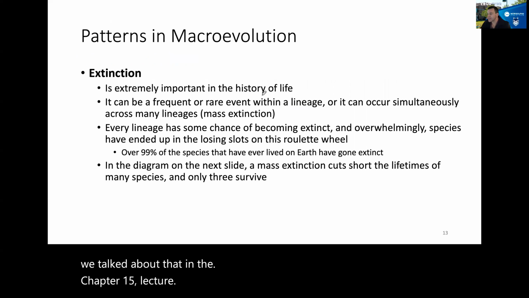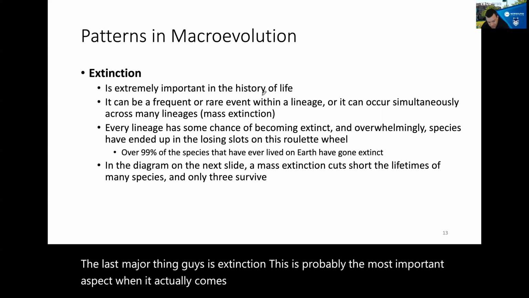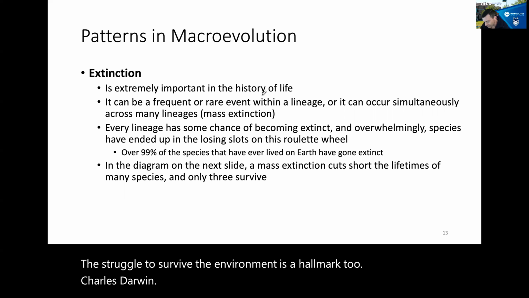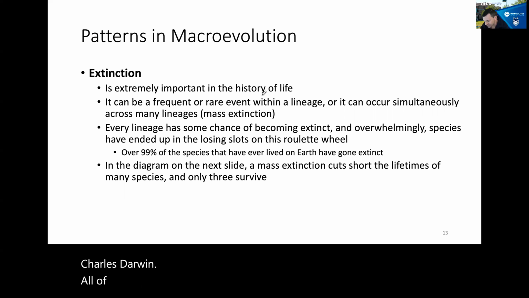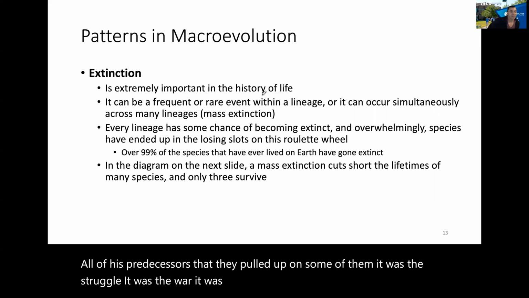The last major thing, guys, is extinction. This is probably the most important aspect when it actually comes to evolution. The struggle to survive the environment is a hallmark of Charles Darwin. All of his predecessors that he drew upon, for some of them it was the struggle, it was the war, it was the famine that you had to survive.